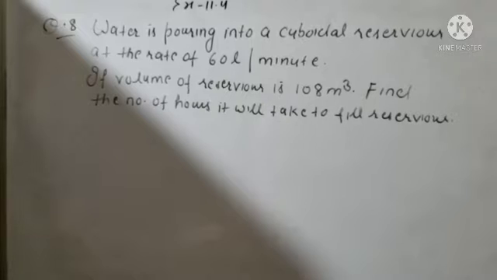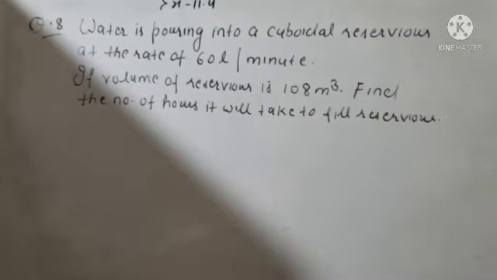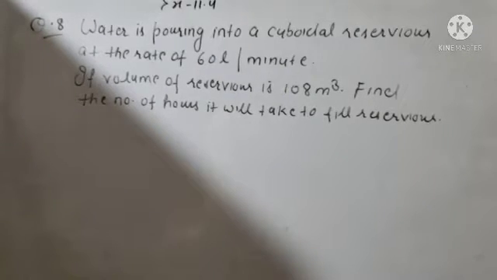Question number 8. It is given water is pouring into a cuboidal reservoir at the rate of 60 liter per minute. If the volume of the reservoir is 108 meter cube, find the number of hours it will take to fill the reservoir. Okay, what is given?